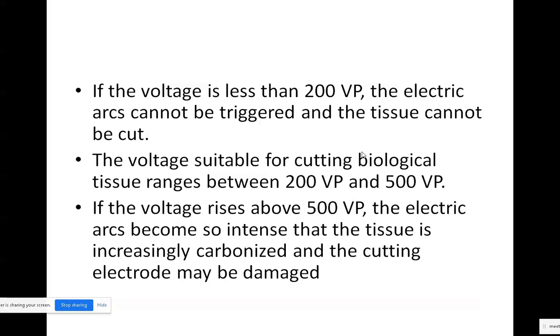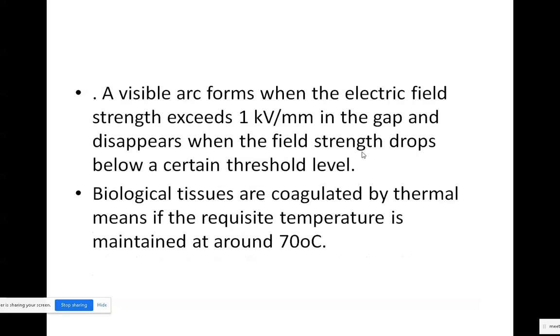That is, it will make the tissue carbonize, so that your electrode may get damaged when you are using a voltage value of more than 500 volts.